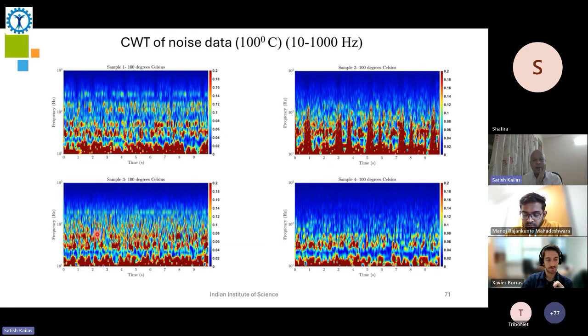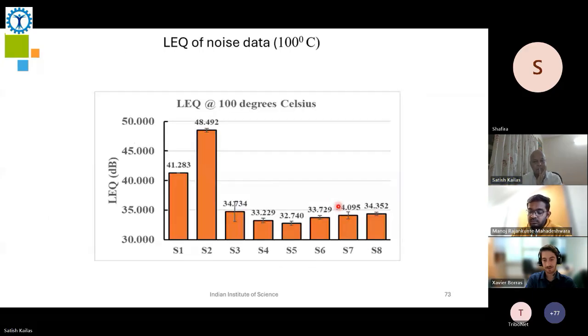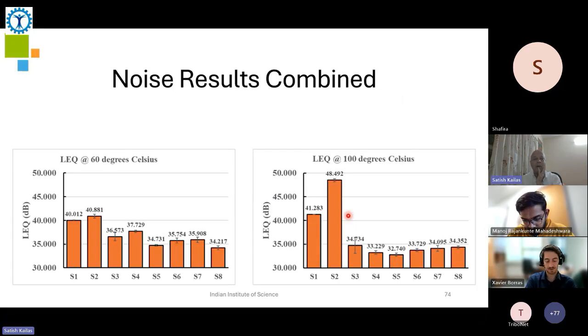Same in the high frequency range, but in the high frequency range base oil 1 may not be as good at 100 degrees as base oil 2. And we are able to pick up the differences again with the CWT analysis, where your high frequency noises completely die out. So this is LEQ for various oils, base oil 1, base oil 2 plus the formulated, and these two are the fully formulated oils.